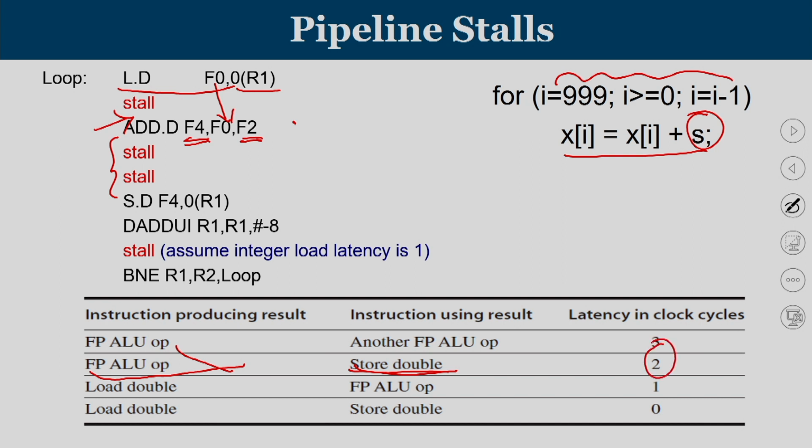That is what you can see, these 2 stalls. That means only after 2 stalls the store instruction can be issued, and then whatever is the result in F4 you are going to store back into the same memory address what we have previously computed. So, with this the operation of one element is over.